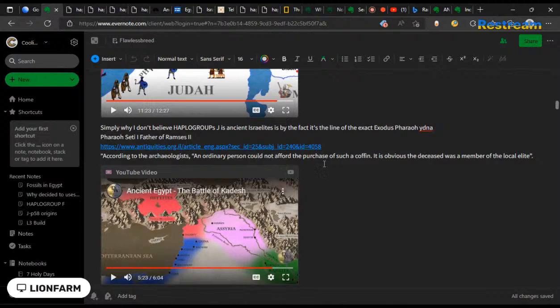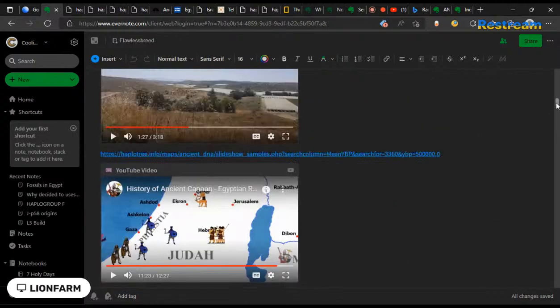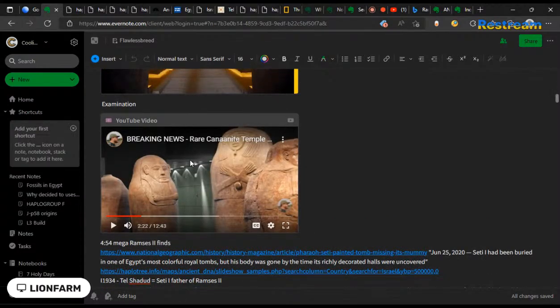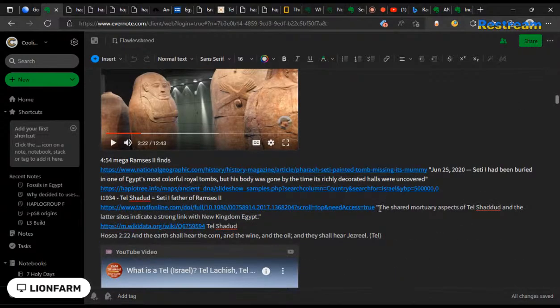They do know that Seti himself is now found, right? And this find here is right to his time with the same Egyptian style burials. Just like how we had talked about before, how obviously the burials that were seen there in Tel Shadud and later sites indicate a strong link with New Kingdom Egypt.